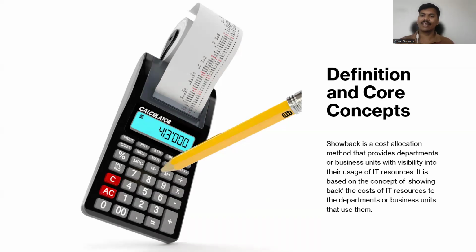Showback is basically a cost allocation method, right? That provides different business units and departments visibility into their usage of cloud, not only cloud, but across the organization's IT resources, right? And it is based on the concept of showing the costs back to the departments as well as to the business, right?